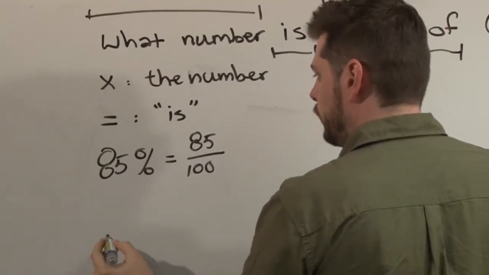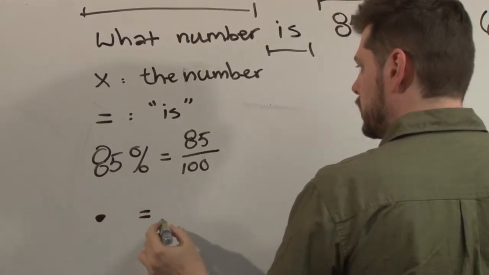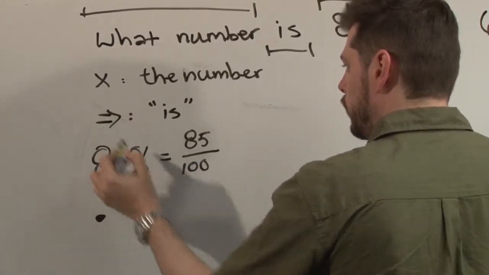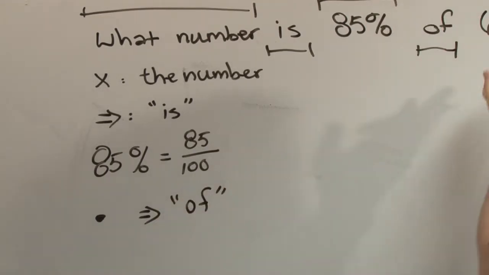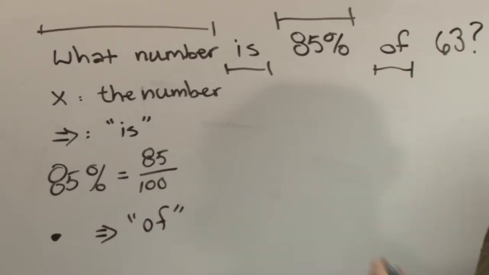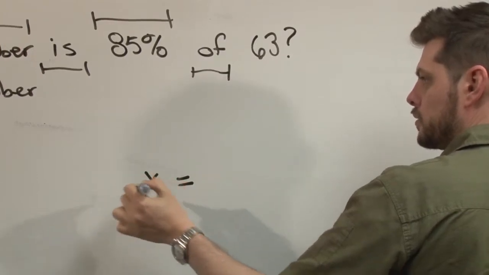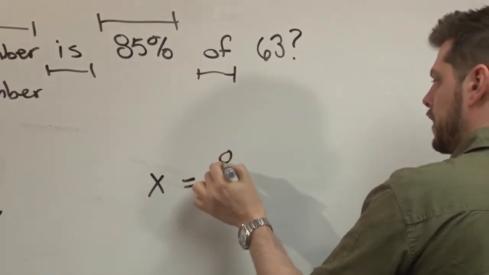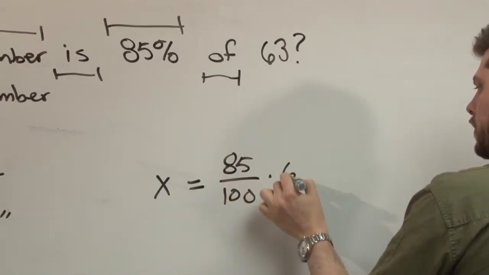So the word of will represent, and I'll use the dot to represent the multiplication, this is going to be congruent with of. And then 63 is our value. That's the thing that we're going to be multiplying this fraction by. So the way to translate this, x equals 85 over 100 times 63.